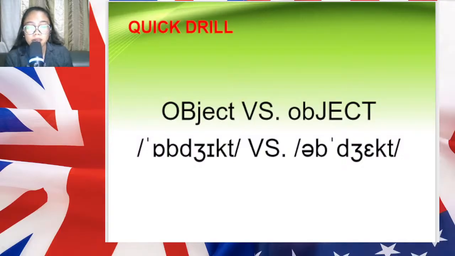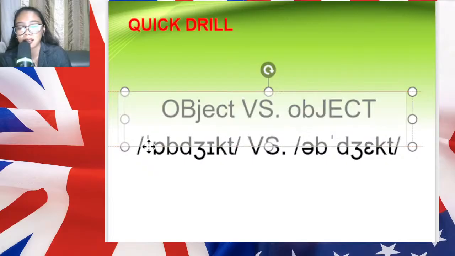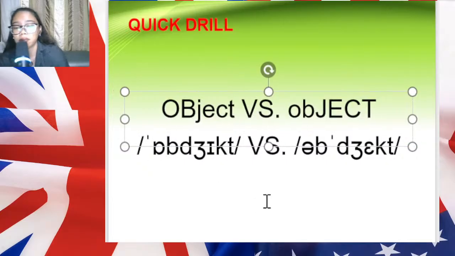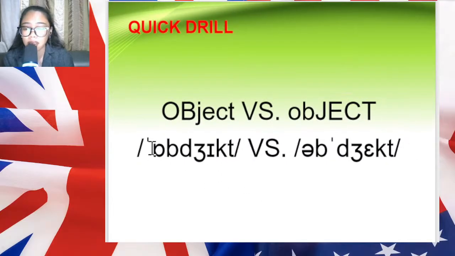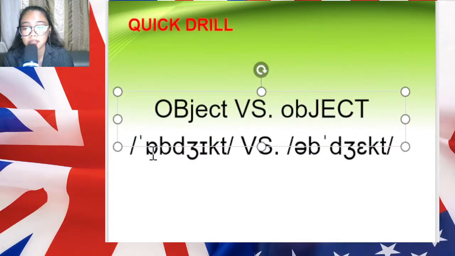That is object. And the other one, object, that's the noun version of the word, meaning it's a thing, an item or something that you can touch. We stress the first syllable here. Now look at the IPA transcription. As you can see, the apostrophe is put right before the stressed syllable.